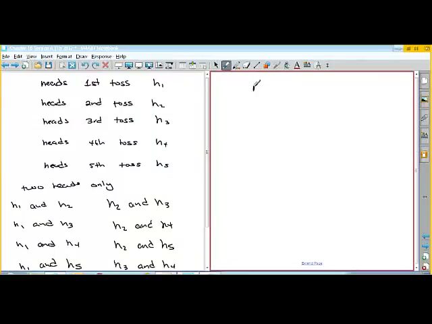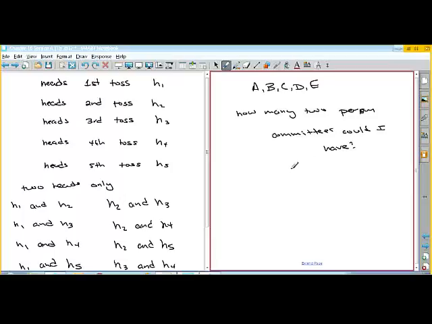Okay, add a page. So we had five people's names instead of five tosses, and the question was, how many two-person committees could I have?